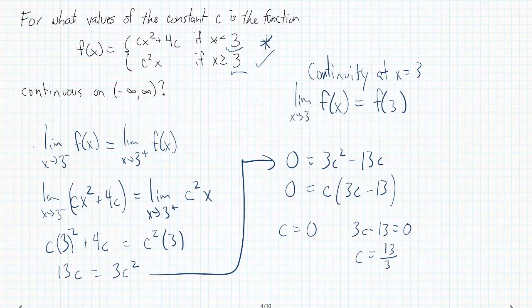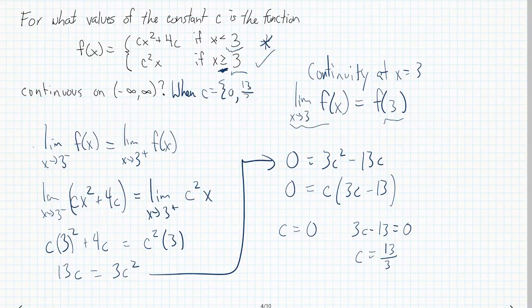Well, notice we already had the equality included with the right-hand limit, so that part was already taken care of for the f of 3. We know that it's going to work, and the limit as x approaches 3 is only a possibility at those values, c equals 0 and c equals 13 over 3. So the answer to this is when c equals either 0 or 13 over 3.